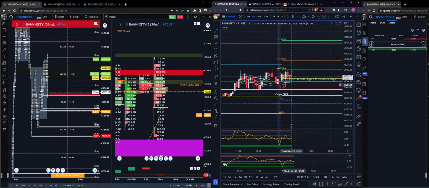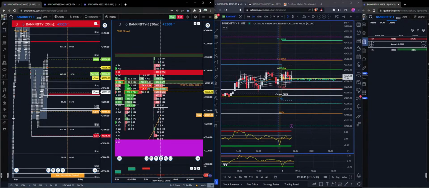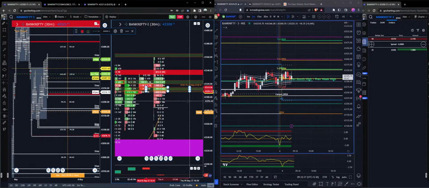Okay, so we're just chopping. Premium erosion is seen. Two zones of areas where the buyers are trapped and the price is developing lower.